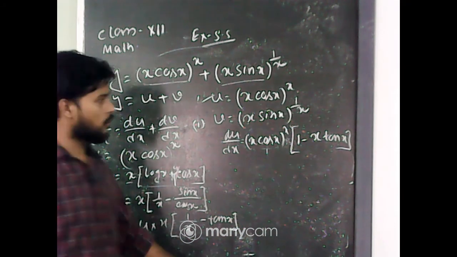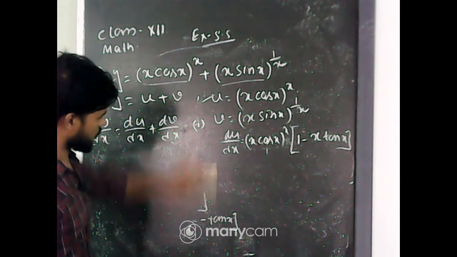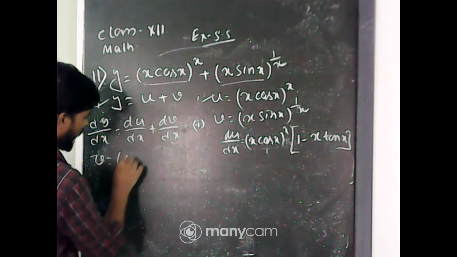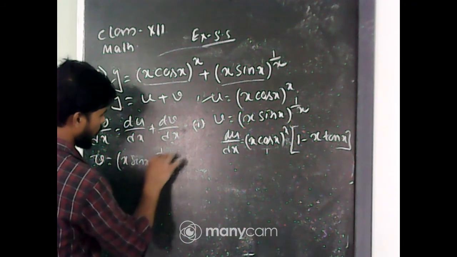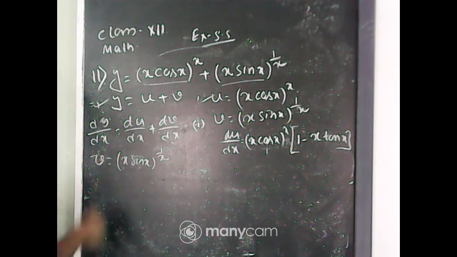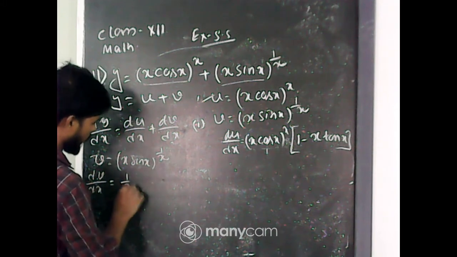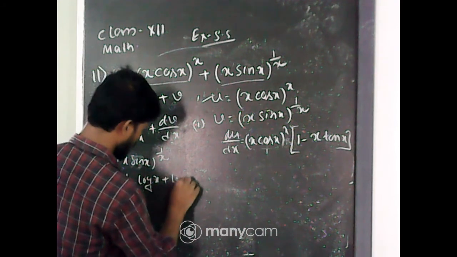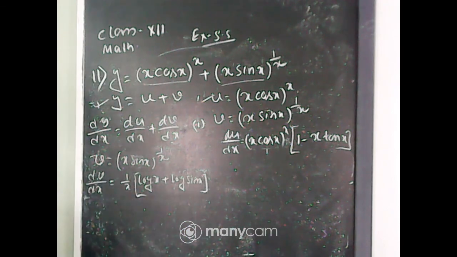In a similar way we will now calculate dv/dx. So v equals (x sin x) whole to the power 1 by x. Now taking log, we have log v is equal to 1 by x into (log of x plus log of sin x). Now differentiate it with respect to x.